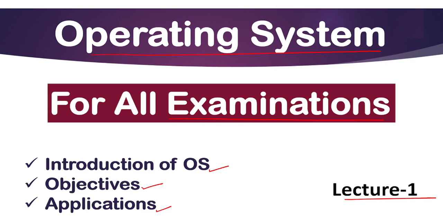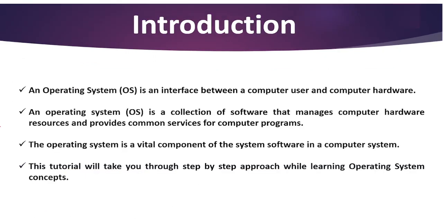So let's move to the introduction part first. As you can see here, operating system is nothing but an interface between a computer user and computer hardware. In computer language, we always know computer users are the end users. Every person who uses a computer is the end user of a computer.